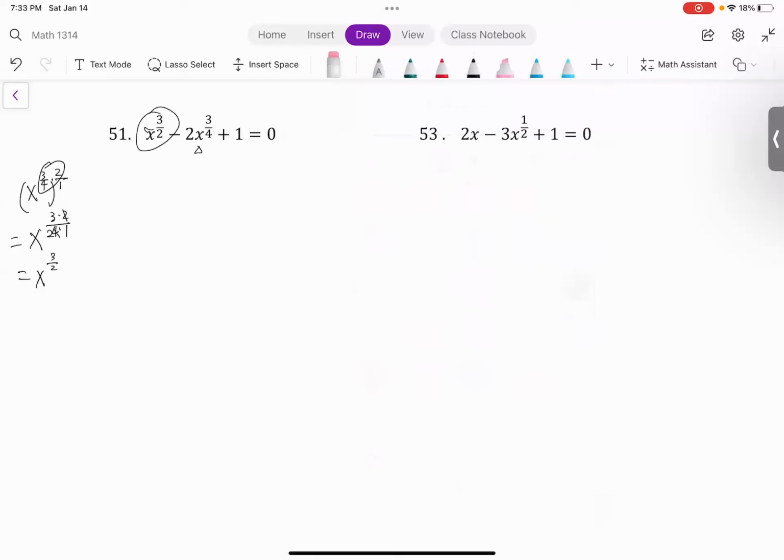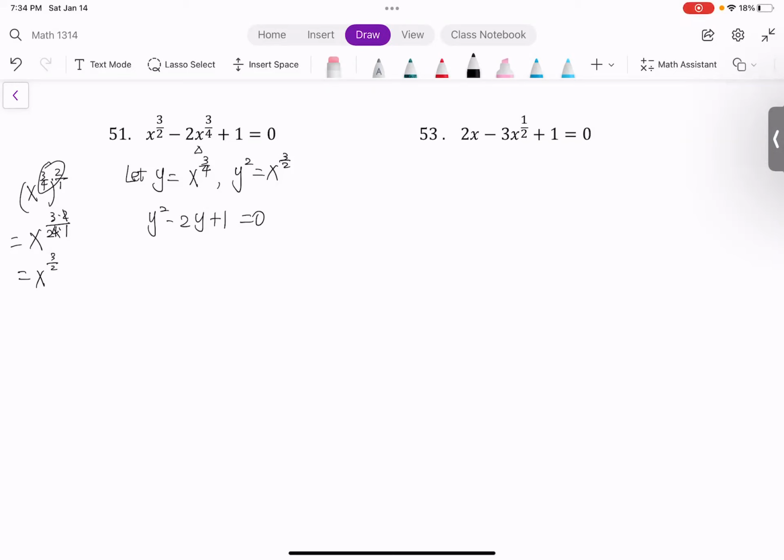That means I can use the substitution method. Let y equals the middle variable x to the 3/4. Then y squared is x to the 3/2. Then the new equation is y squared minus 2y plus 1 equals 0. Is this a perfect square?